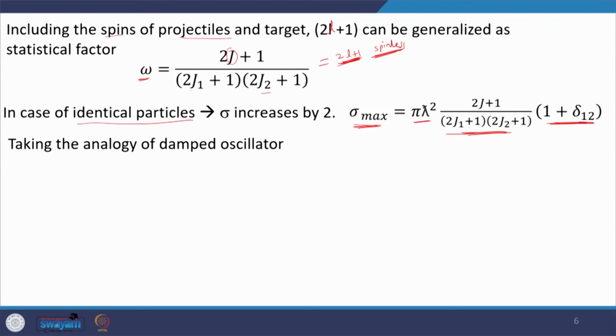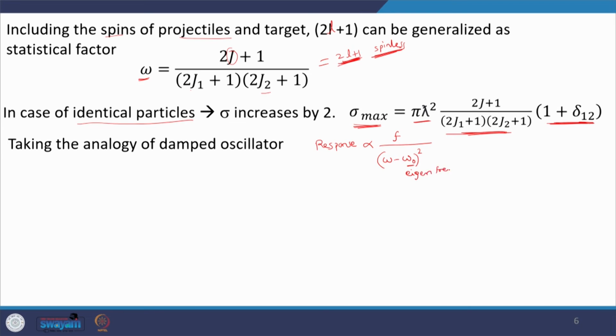You can write the response of the damped oscillator in terms of oscillator strength F, and frequency minus the frequency at which response is maximum, the resonant frequency, this is the eigen frequency.